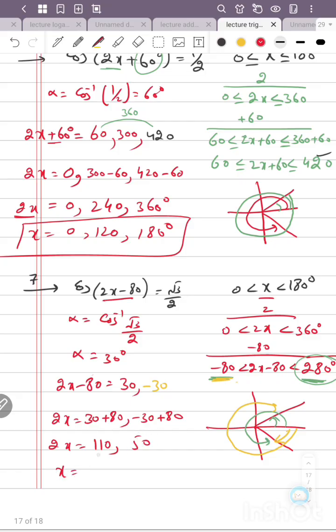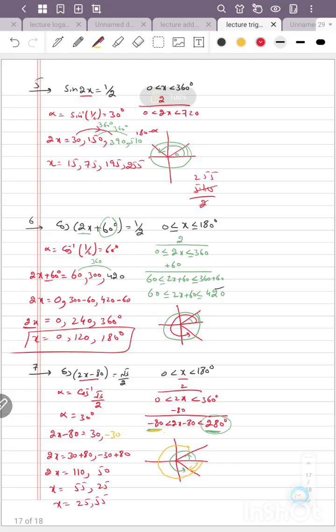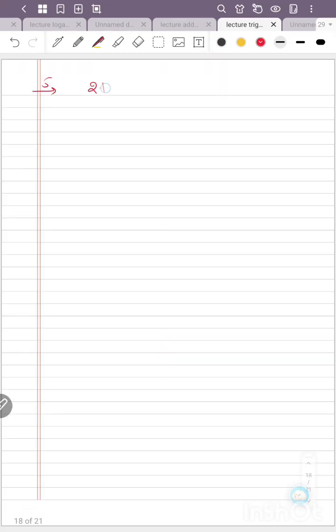And x, if we divide by 2, gives 25 and 55. This is our answer. Hopefully dear student, you understand these questions. We will go to the next question.